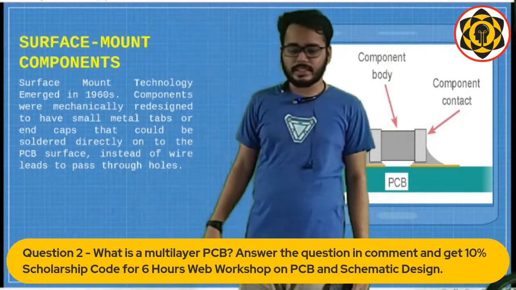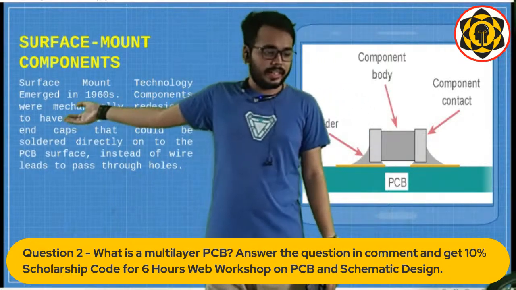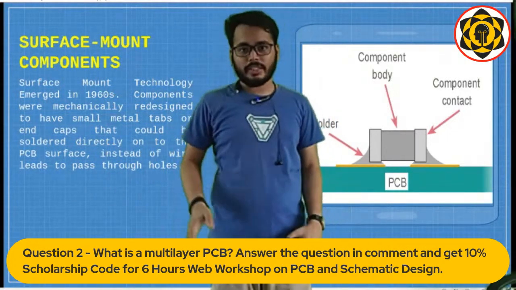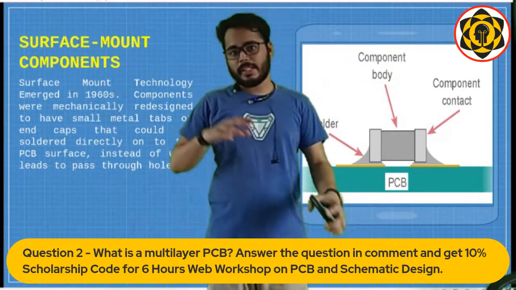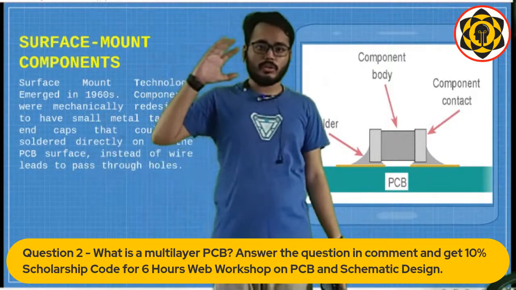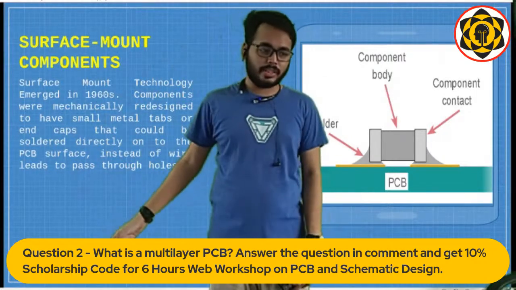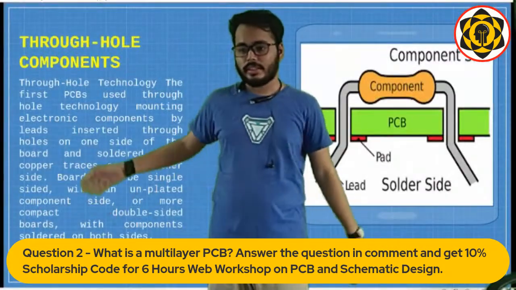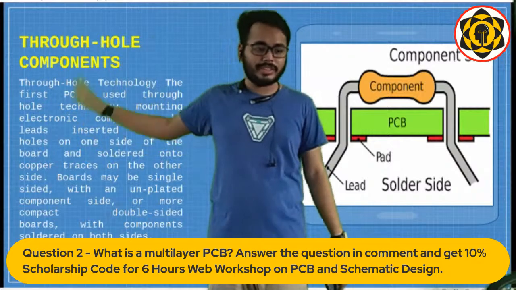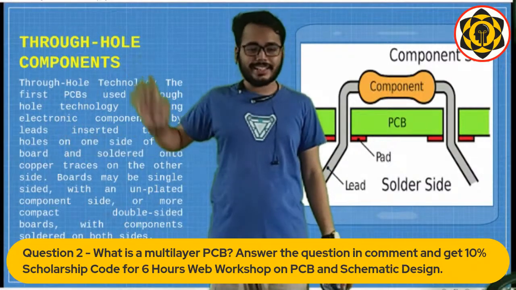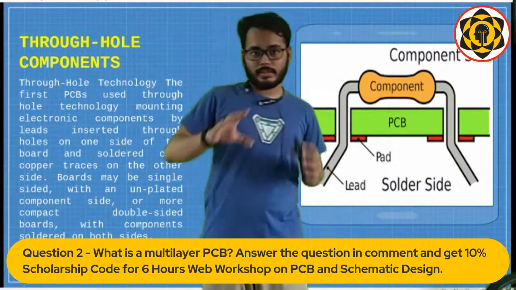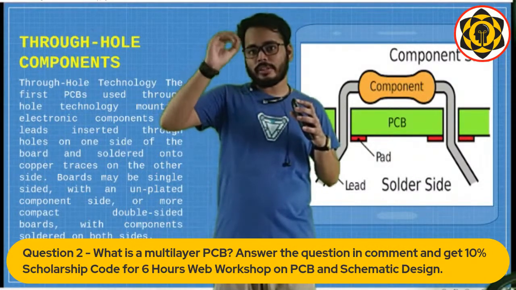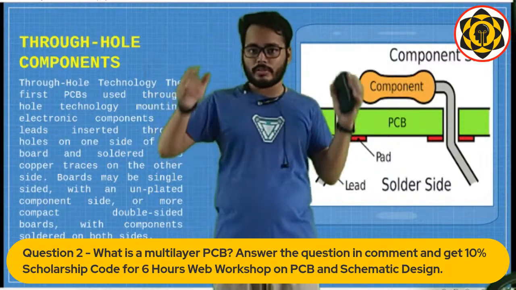And as you can see from this, it emerged in the 1960s. As I already told you guys, PCB was invented in '46. It was made public in '48. So from '48 to '60, they used only these through-hole components, and then they realized the logic I was telling you guys, that we need to tap one of the layers, but for a through-hole component we have to tap all the layers.